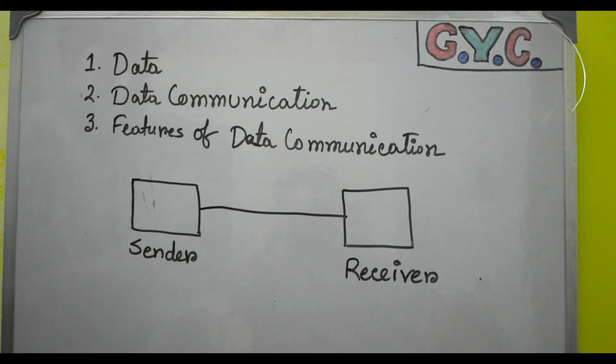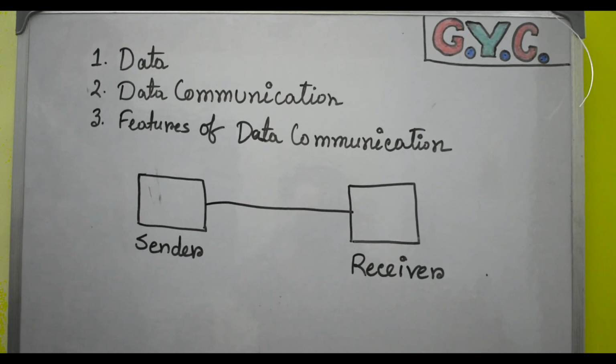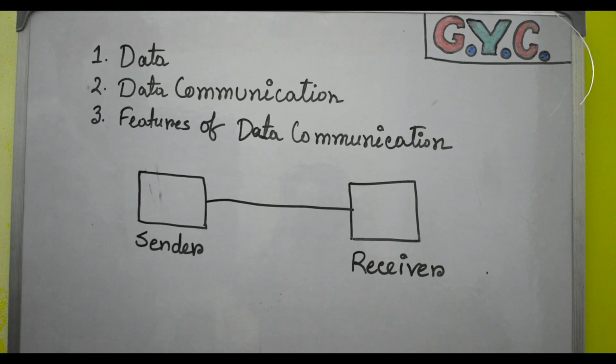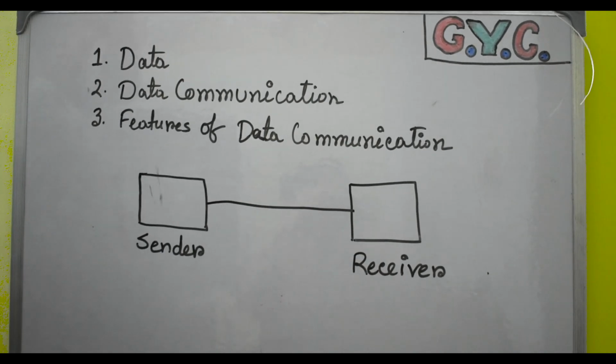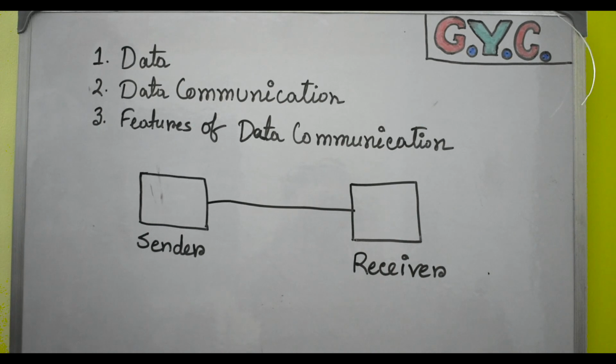So today our discussion is about computer networks. Whenever we want to discuss something about computer networks, the first thing that we need to know is data. What is data?